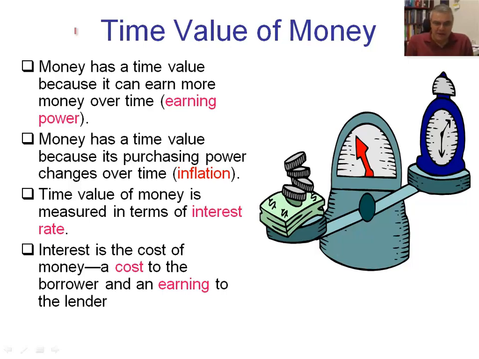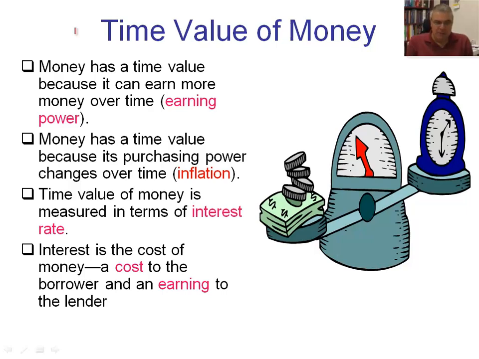Whereas the less that amount would be, obviously there would be less interest on that. Also, again, we are looking at fundamental concepts. Money has a time value because its purchasing power changes over time. And that is called inflation.